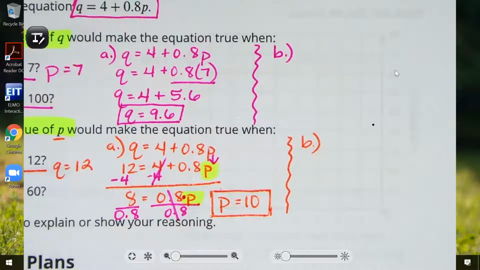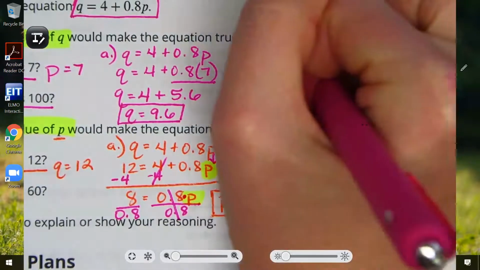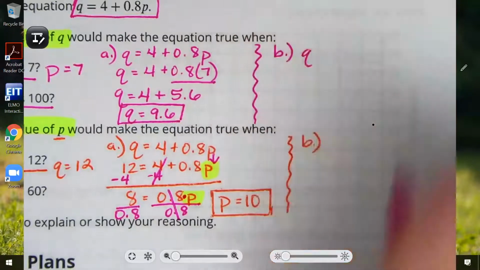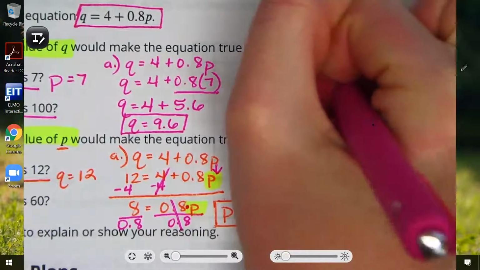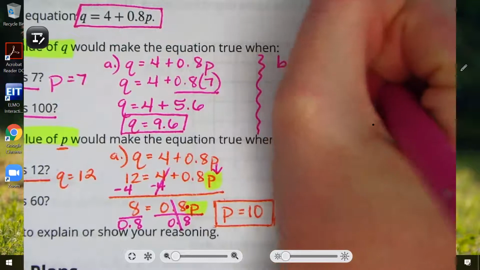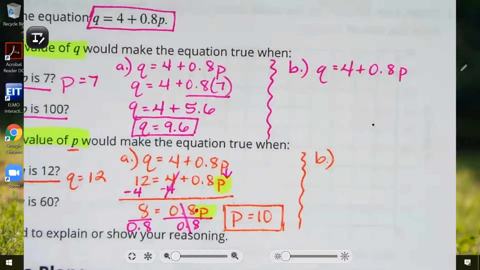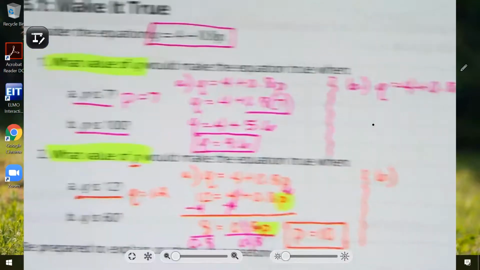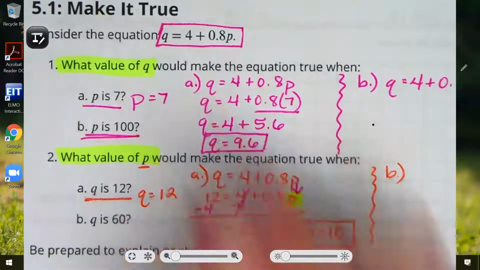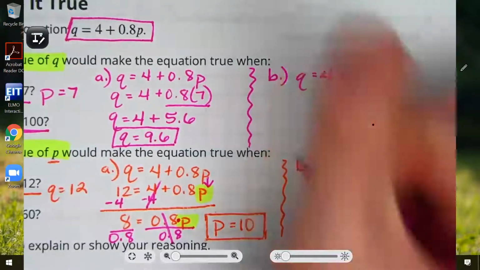Okay. Good, Haley. All right, so for B, we have our equation for B on number 1. We have Q equals 4 plus 0.8P. And this time, what does P equal? 100. So I'm just going to substitute that in.